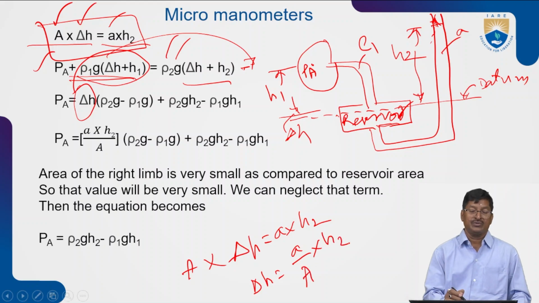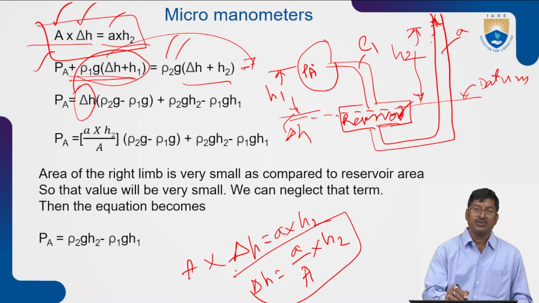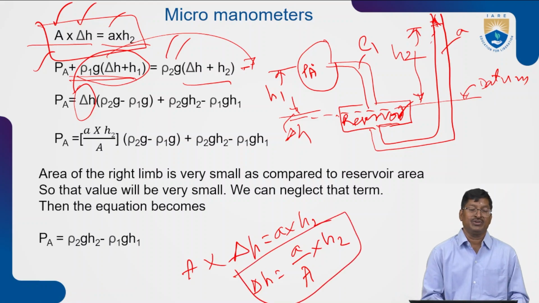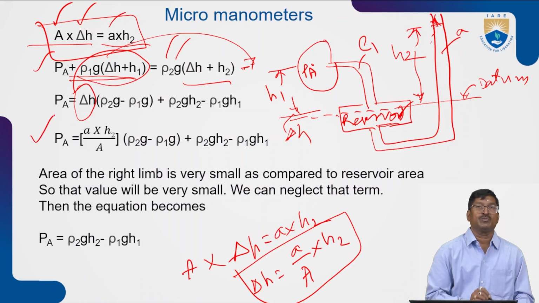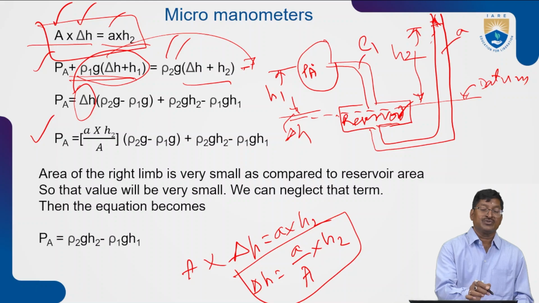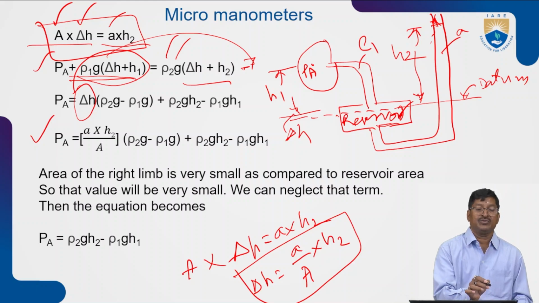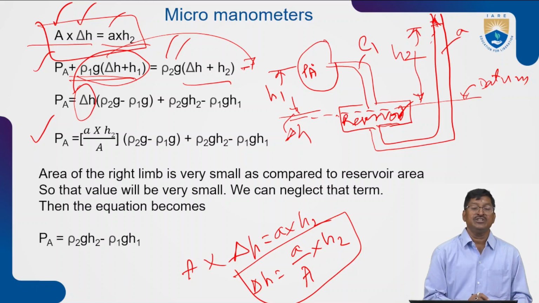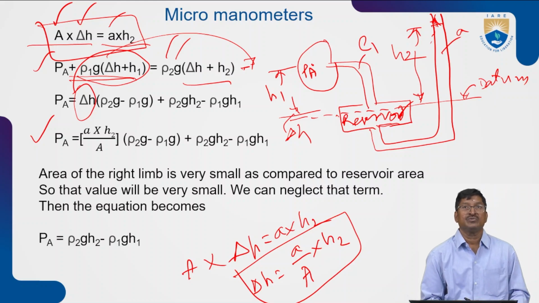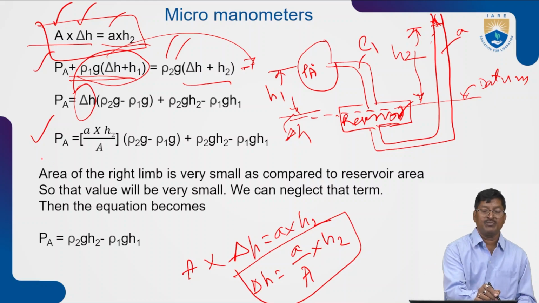So we will substitute delta H equal to small a by capital A into H2, and then you will get this formula. So the pressure in pipe A is equal to (small a by capital A) into H2 into (rho 2 g minus rho 1 g), plus rho 2 g H2 minus rho 1 g H1. So this is the formula.